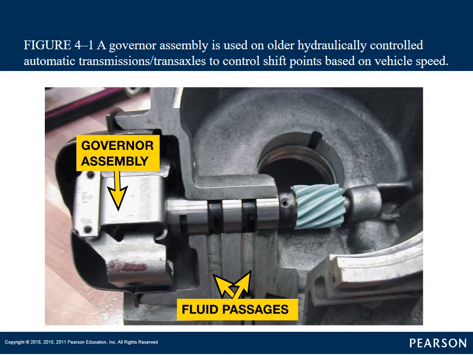When they're at slow speeds, they don't have as much force pushing that out. When at higher speeds, there's a lot more force, centrifugal force, holding those weights out. So that's why governor pressure increases as speed increases.